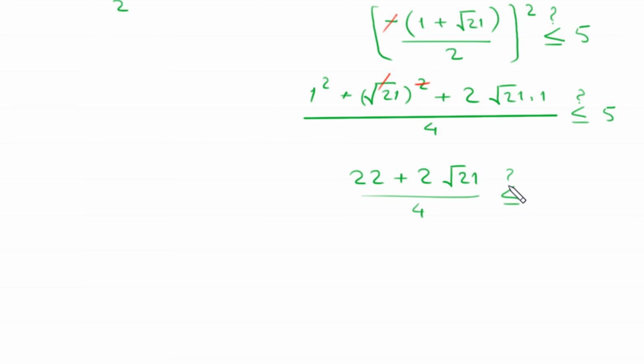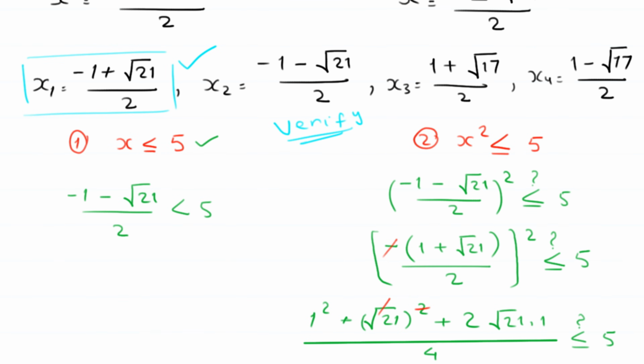Is it less than or equal to 5? From here we multiply both sides by 4. This 4 will be cancelled out with this 4, and this 5 times 4 will become 20. This 20 plus 2 times root 21 is not less than 20. So this condition is false. It means this value of x2, negative 1 minus root 21 over 2, is not a solution.